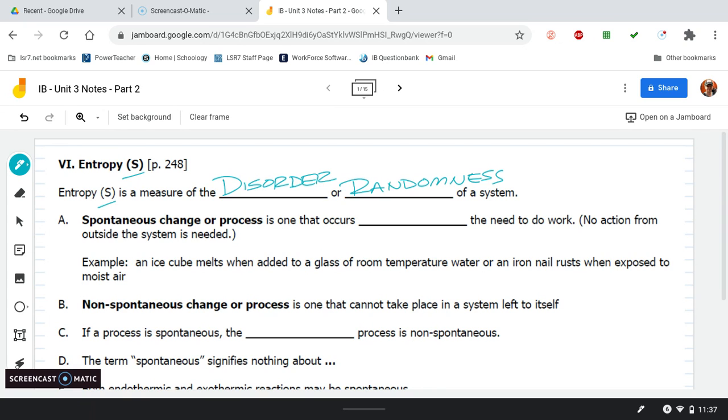So if we have an increase in randomness or disorder, that leads us to the idea that this is something that would likely occur. In this last section, we're going to look at a reaction and ask, is that going to happen? Or is that reaction very difficult or very unlikely to ever occur?